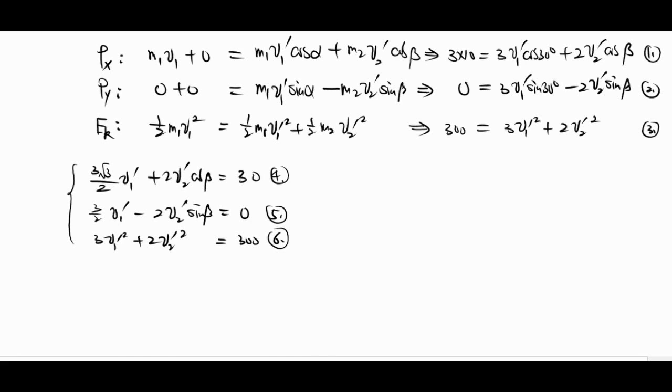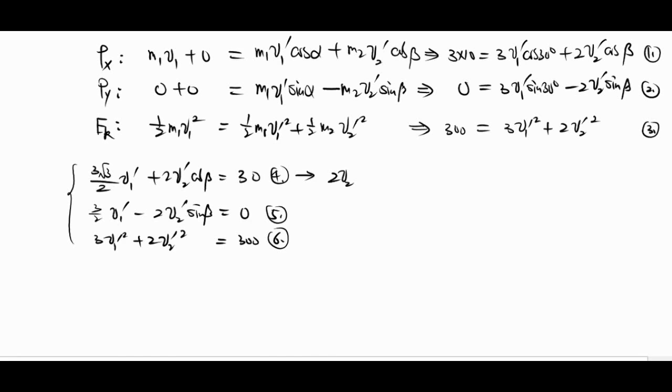And then how to solve these equations? One way to do that is to isolate V2 prime cos beta and V2 prime sin beta, and then square both and add together. Then we know sine squared plus cosine squared is 1, so angle beta will be gone. Then we will get V2 prime squared, and then we substitute into equation 6. Then we will get an equation in V1 prime only. So we can isolate the 2 together and keep the coefficient.